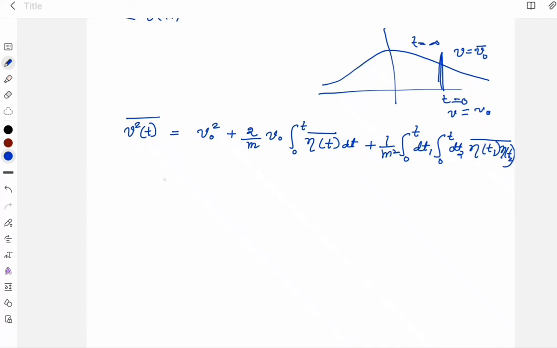The noise is totally random, right? And also the effect of noise at one instant is independent of the noise at other times.